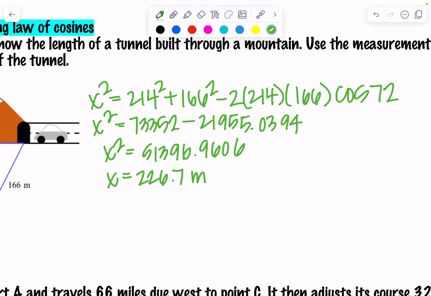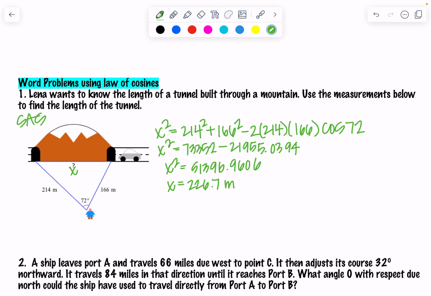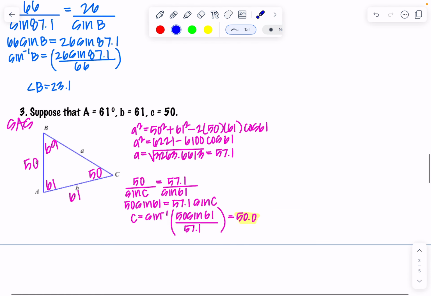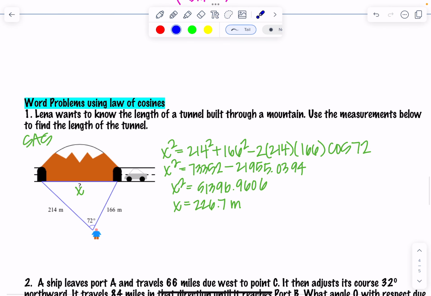Since this is a word problem, it didn't ask us to solve for the entire problem. So sometimes the word problems are easier because you just had to do one thing and we're done, right? The other ones were harder technically because you had to solve for everything. So we kind of like word problems, especially with law of cosines where these can get pretty long.